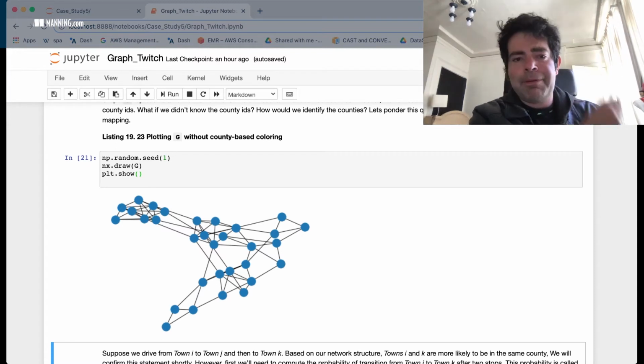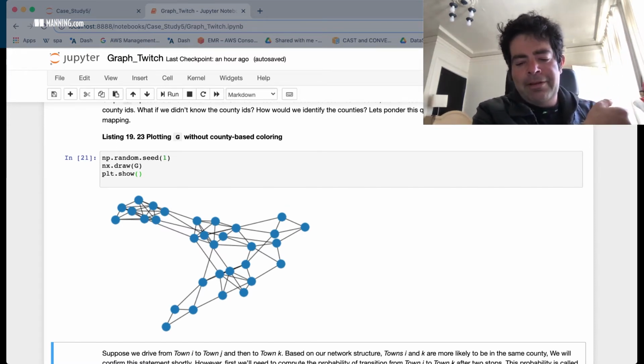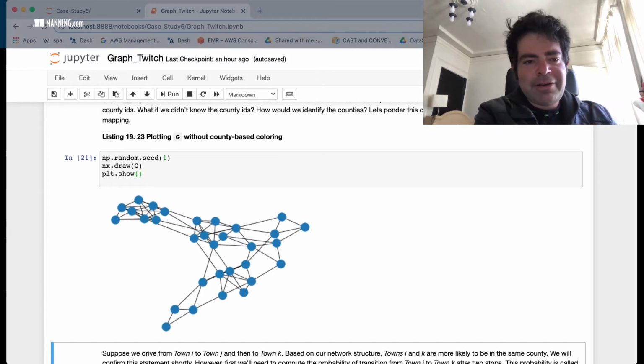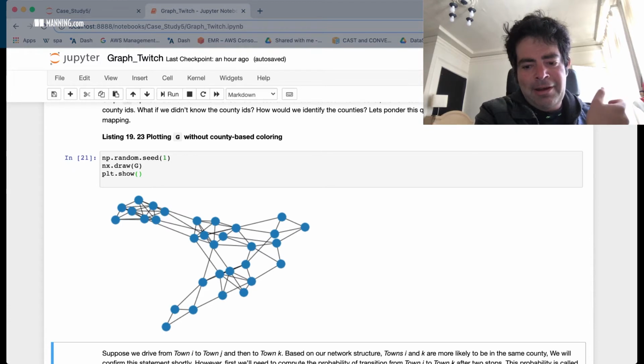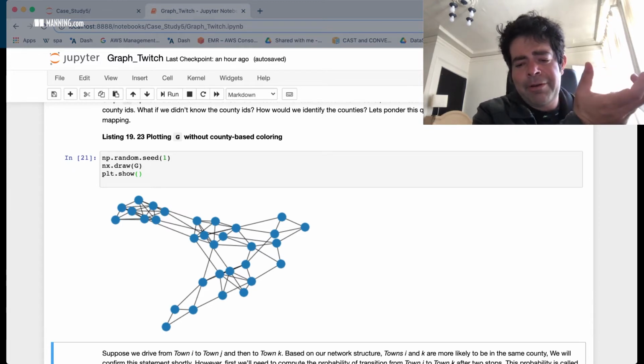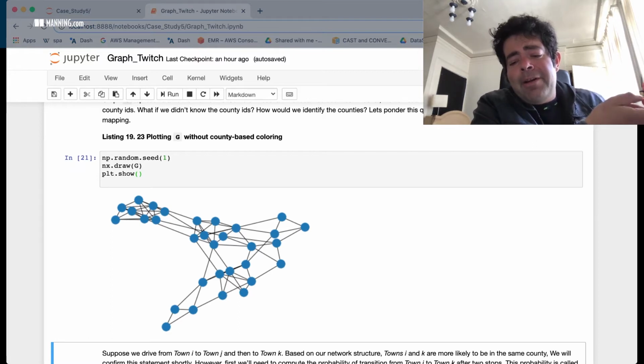This is where the concept of traffic comes in. We're going to make the sensible and intuitive assumption that if you start at a random town and bounce around in your car a bit, you are more likely to wind up in a town that's in the same community than in a different community, which means you're more likely to travel to a town in the same county.